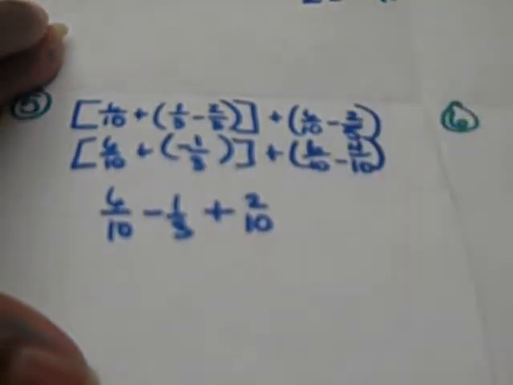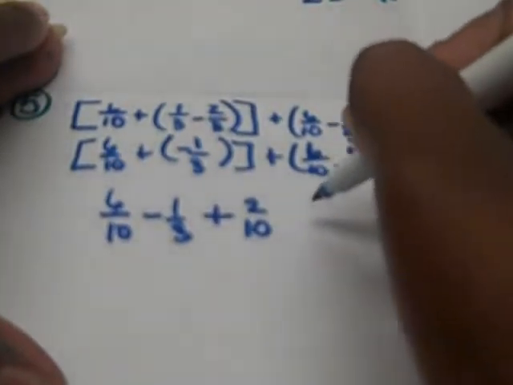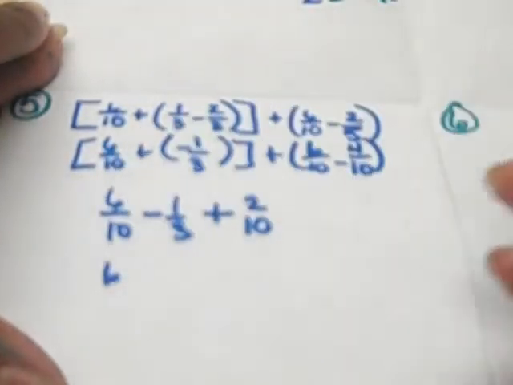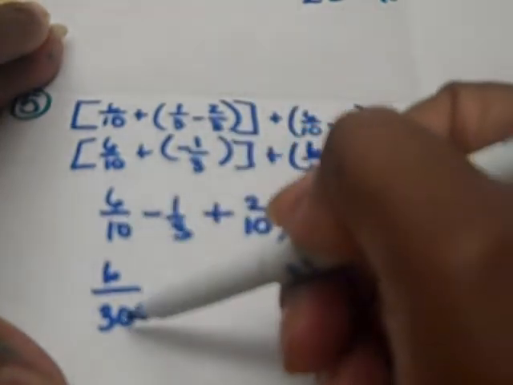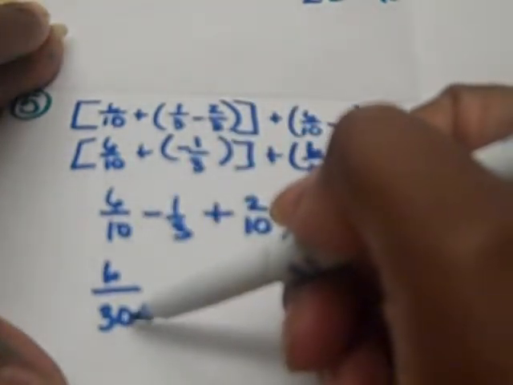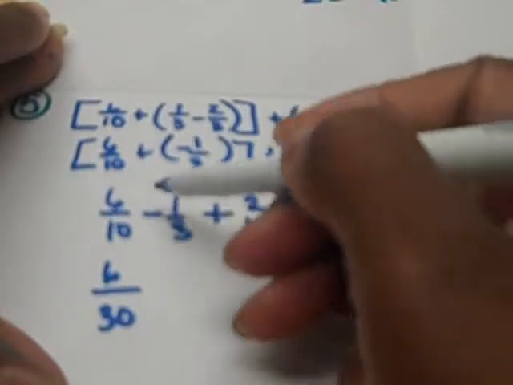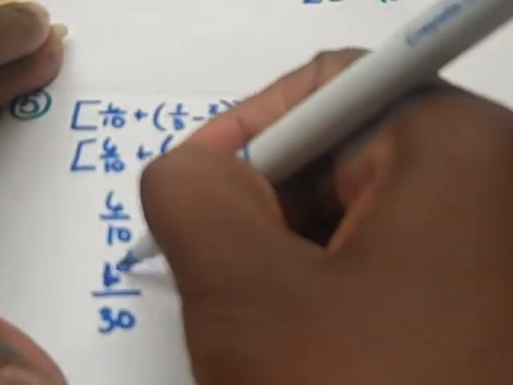So now I have 6/10 minus 1/3 plus 2/3. To add these, I like to have the same denominator. 10, 3, 10. Denominator of 30. So 10 times 3 will give me 30, so I also need to multiply that 3 times the 6. So this should be 18.